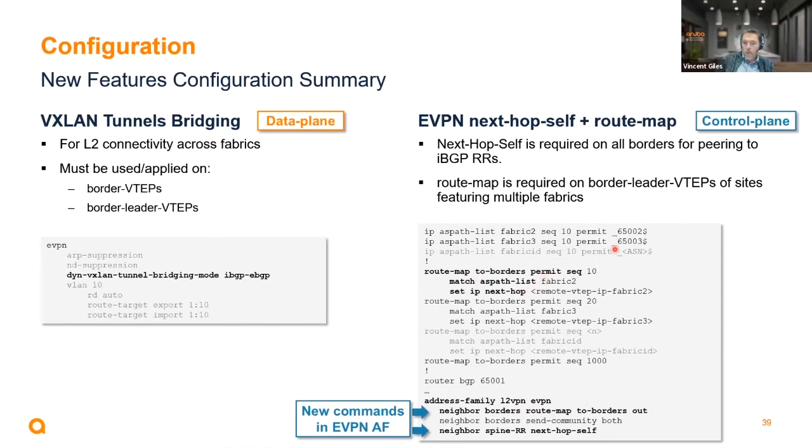I will match for the sourcing autonomous number, and if there is a match for that route that is sourced by this autonomous number, I will reset the next hop IP with the IP address of the remote VTEP, the border remote VTEP of that Fabric sourcing that route.